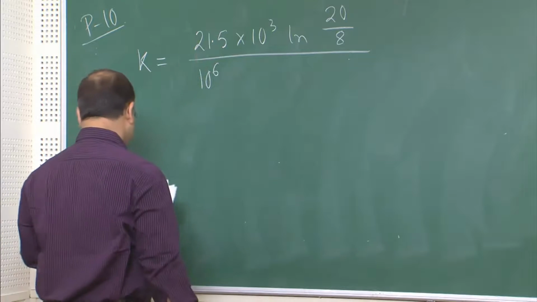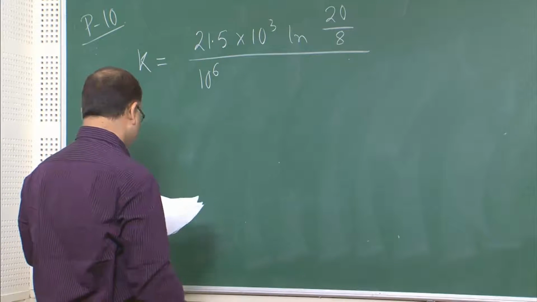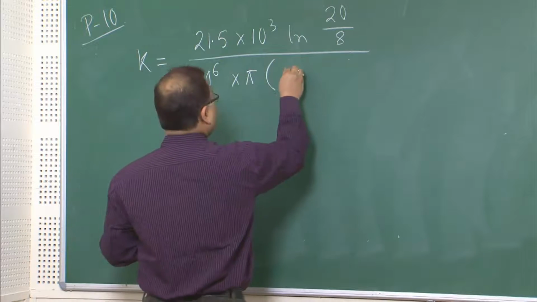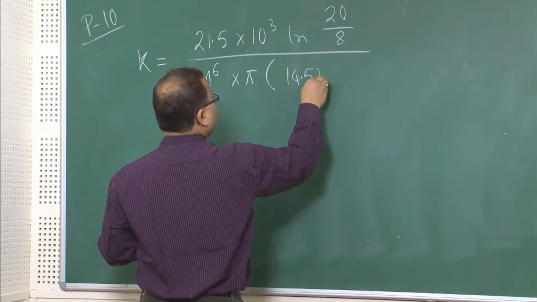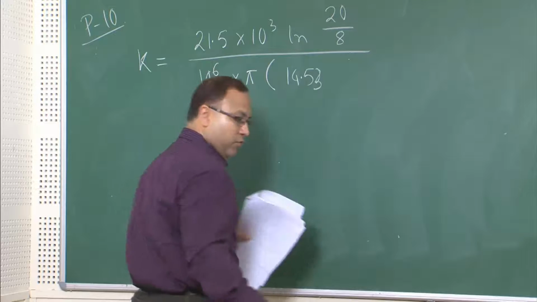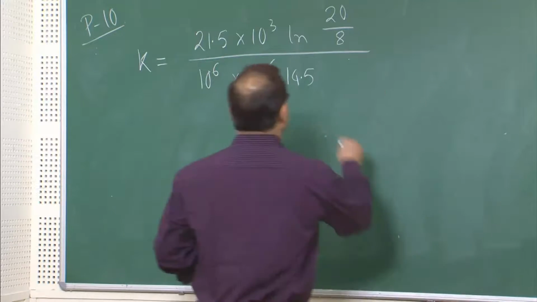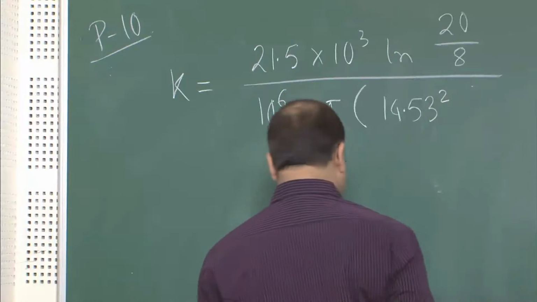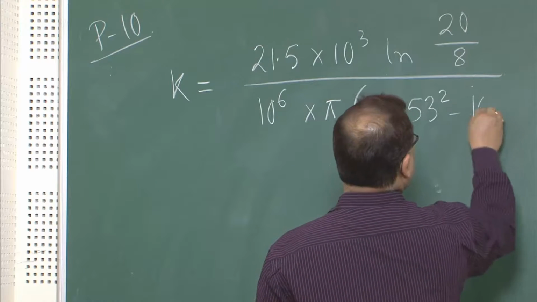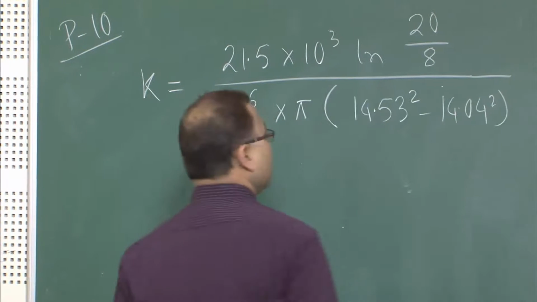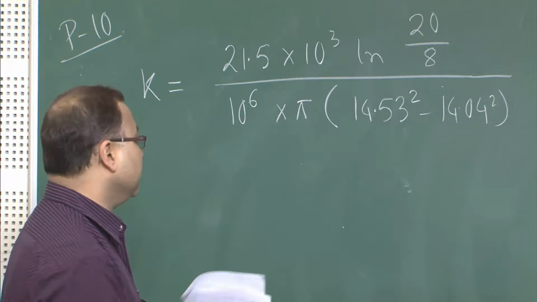So, this is your total rate of flow into pi into 14.53 whole square minus 14.04 whole square. So, that is H1 and H2 as obtained earlier.